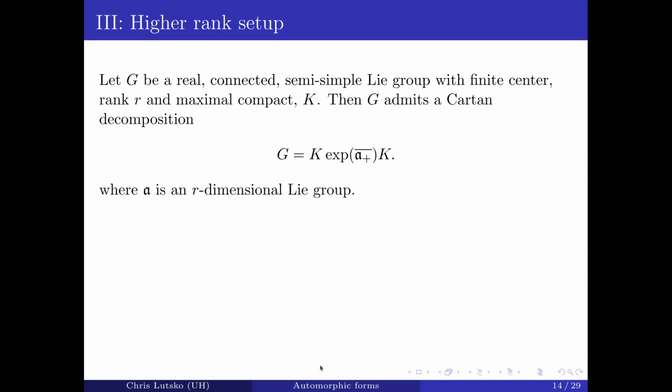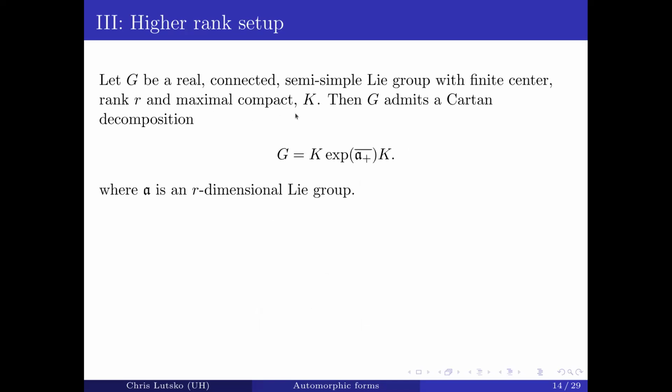So now let's move on to higher rank. And again, my goal will be to recreate that trichotomy that we saw earlier, but now in higher rank. So G will just be a general, real, connected, semisimple Lie group with finite center and rank r.